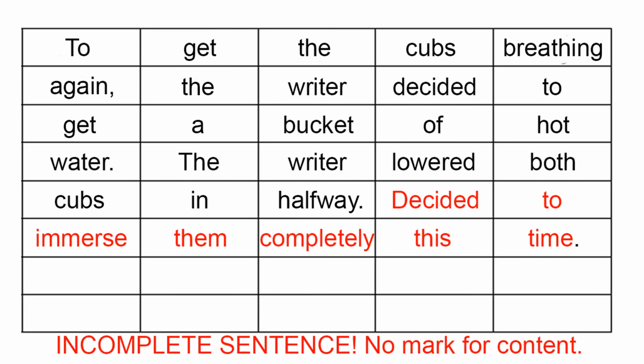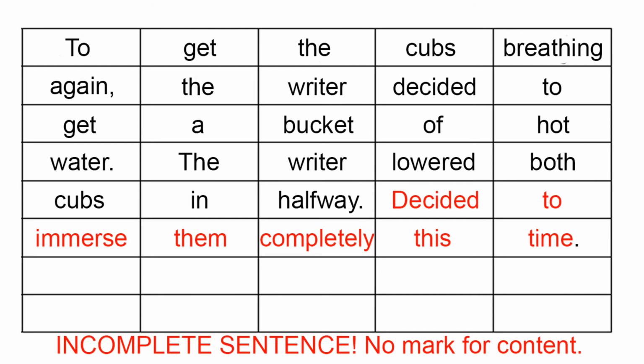Okay, this sentence does not have a subject. So this sentence is incomplete. So how do we change it to make this sentence a complete sentence? Remember, if a sentence is incomplete, your content point mark is not awarded, meaning you do not get marked for incomplete sentences.